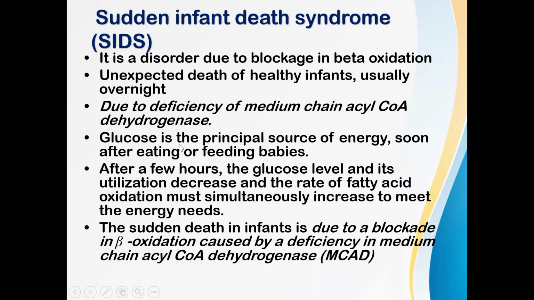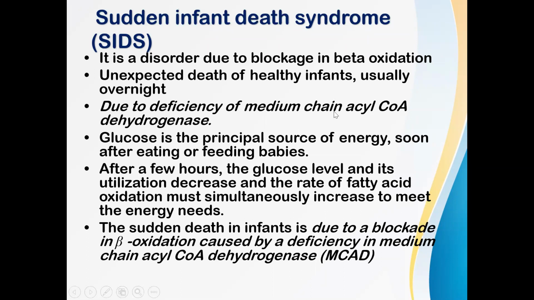As we all know, glucose is the main source of energy soon after eating, or in the case of babies, soon after feeding. But after a few hours, when the glucose levels decrease, there should be increased oxidation of fatty acid in order to meet the energy requirements.